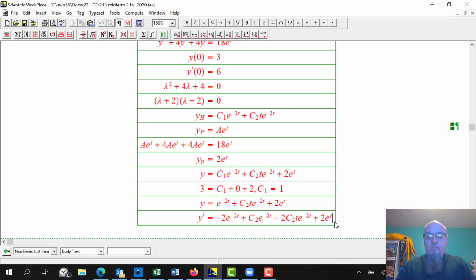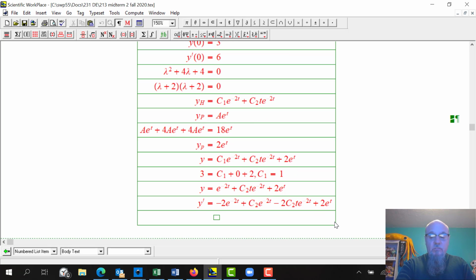Now, I set that equal to 6 when I make t equal to 0. So that's going to be minus 2 plus c2 minus 0, because of the 0 that's here, plus 2.